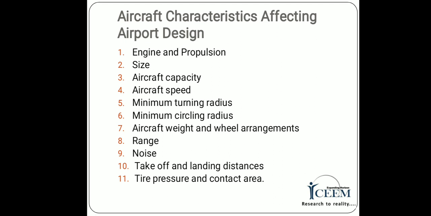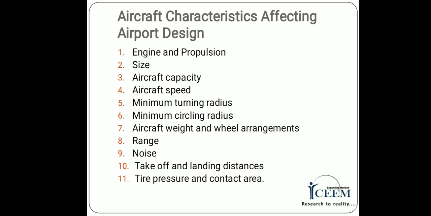The length of aircraft decides the width of exit taxiway, apron size and length of hangar. The height decides the height of hangars and its gates, and the gear track and wheelbase affect the minimum turning radius of the aircraft.